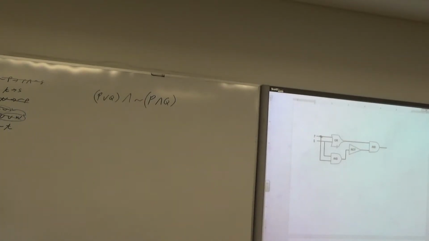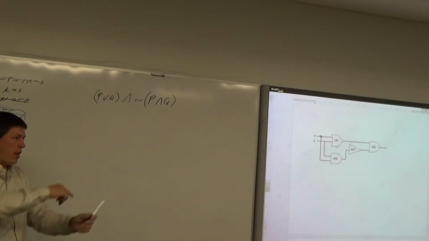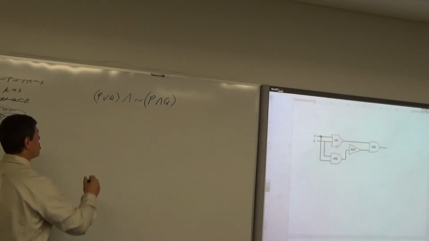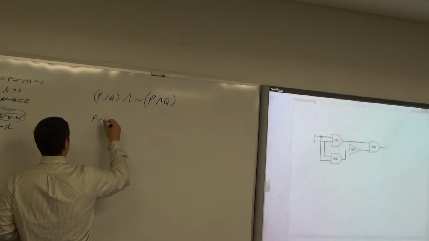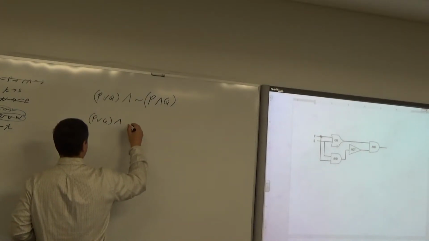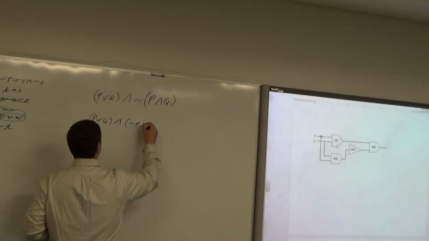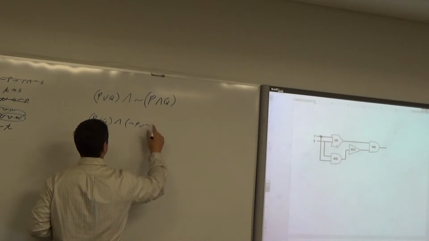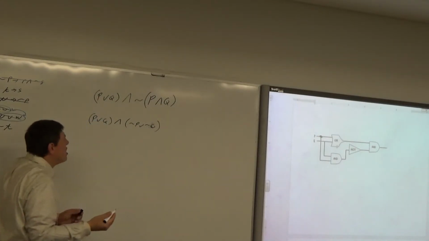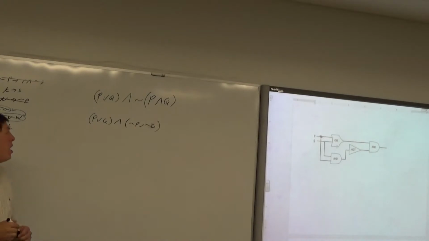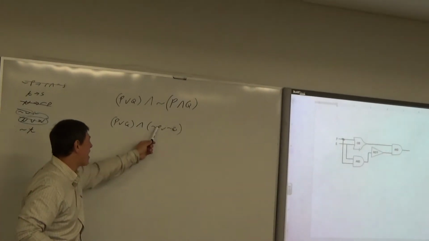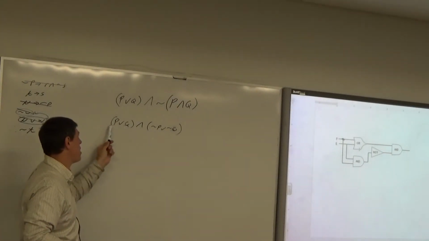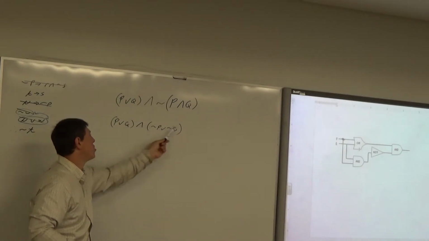This is an example of a circuit that we can't really do anything to simplify. I know what some of you guys are thinking. Let's use De Morgan's law and just go ahead and do a double not. So we can write this as P or Q and not P or not Q. But once you get there, you can't do anything with that, because you can't really factor out a P because these aren't the same, and you can't factor out a Q because the Q's aren't the same.